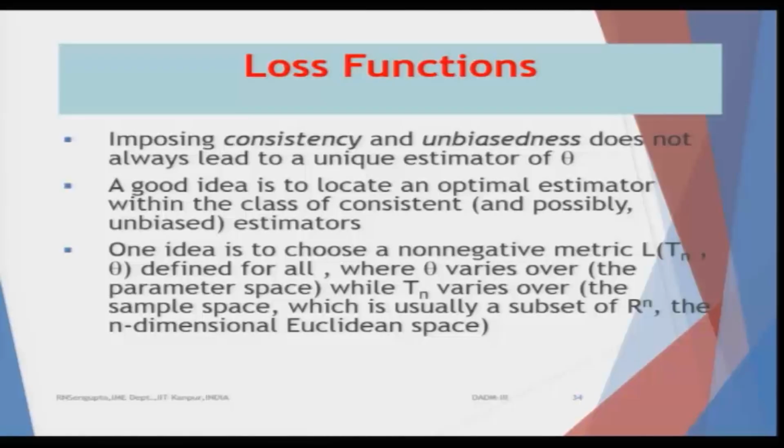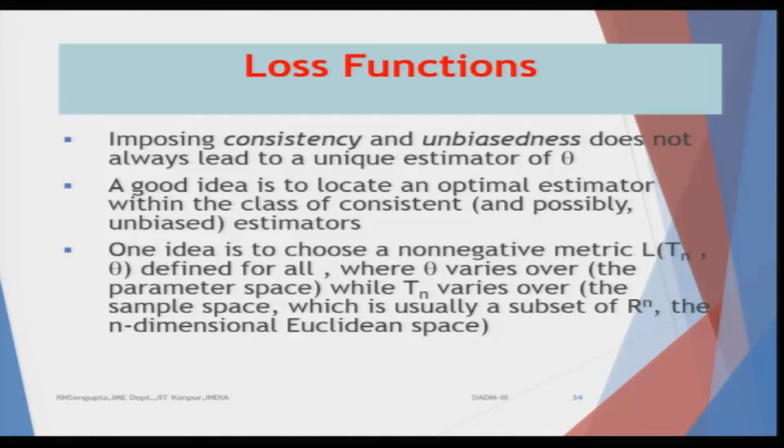One idea when we are trying to find a statistic based on the sample observations x 1 to x n would be to find a non-negative measure, given by L, the loss function, defined over the overall domain space of T n.